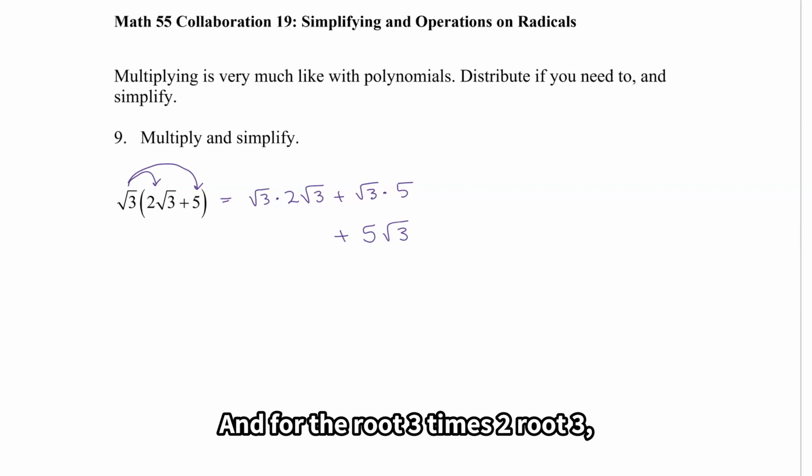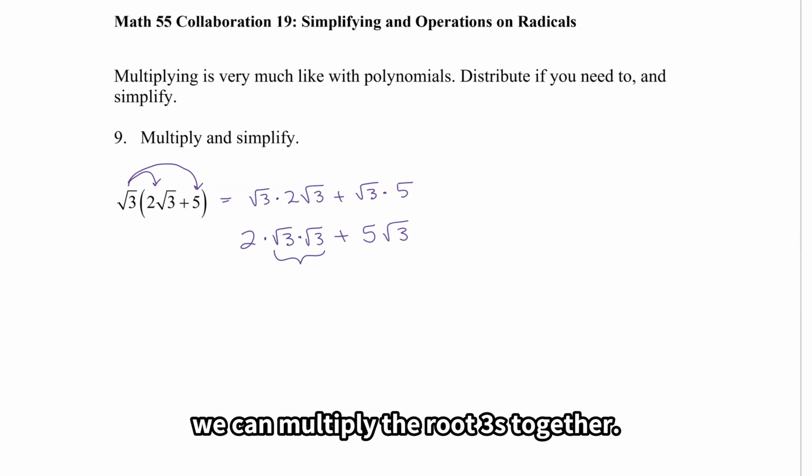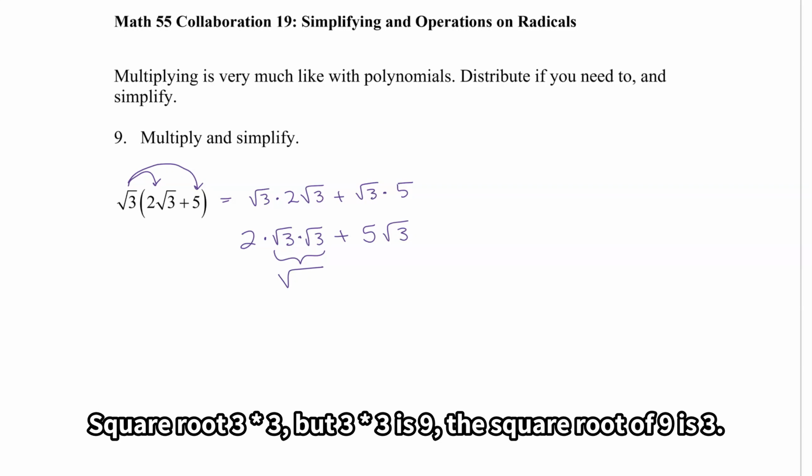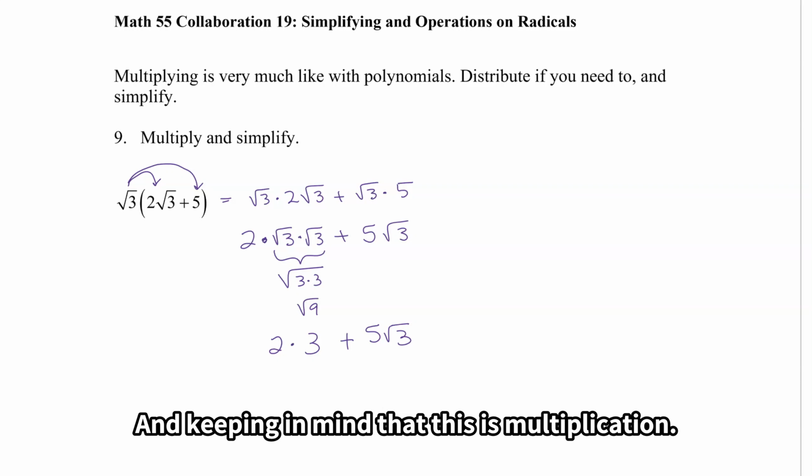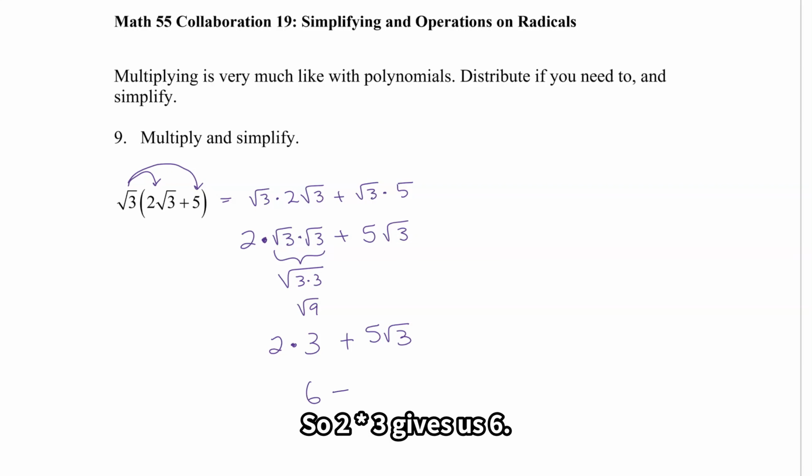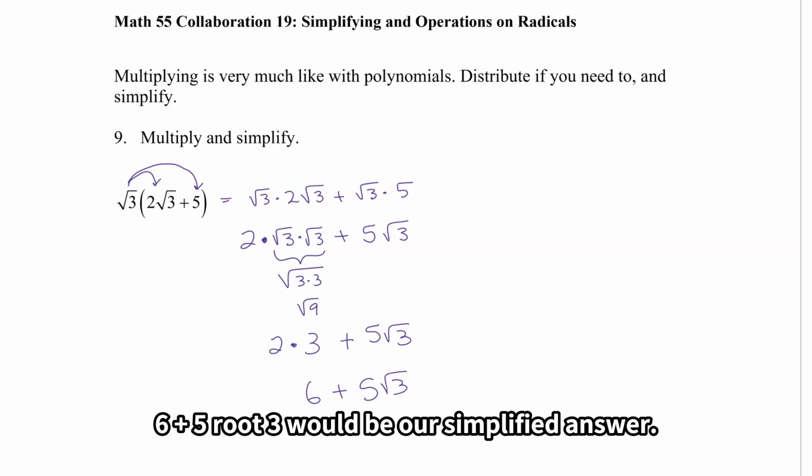And for the root 3 times 2 root 3, well, we can multiply the root 3's together, square root 3 times 3, but 3 times 3 is 9, the square root of 9 is 3. And keeping in mind that this is multiplication, so 2 times 3 gives us 6. 6 plus 5 root 3 would be our simplified answer.